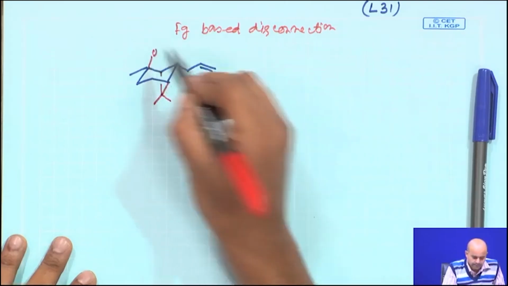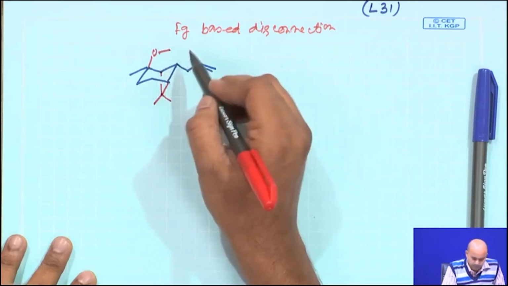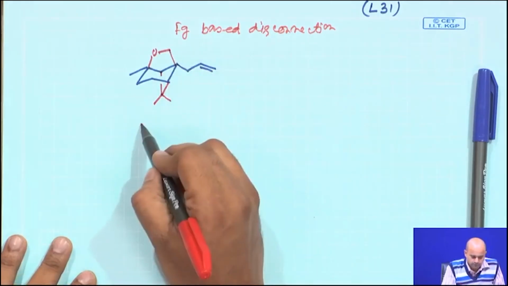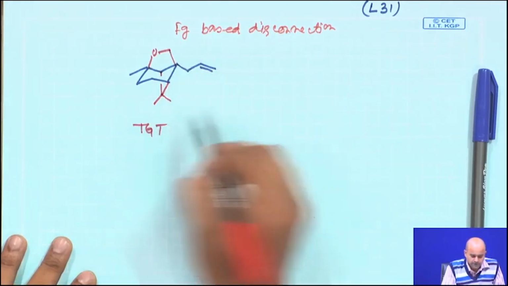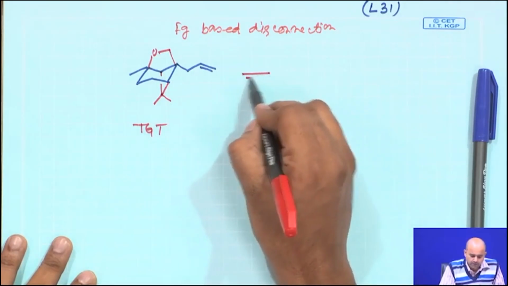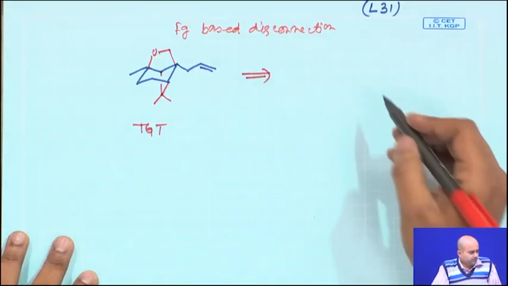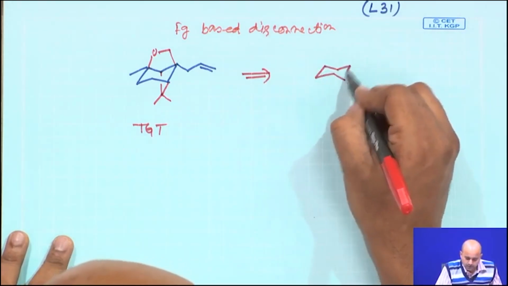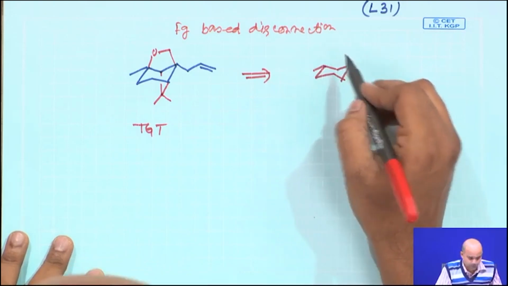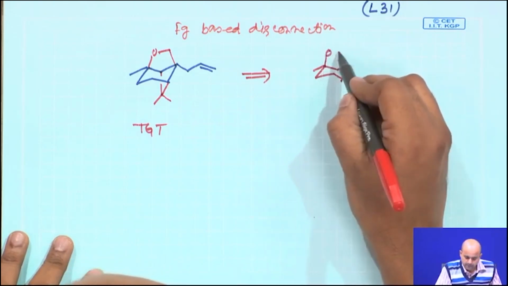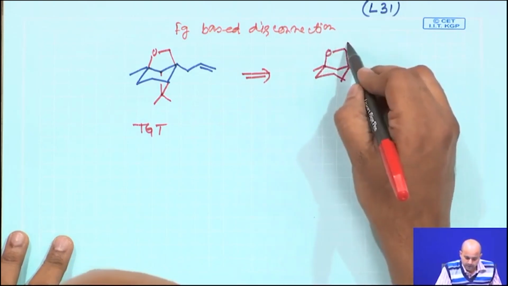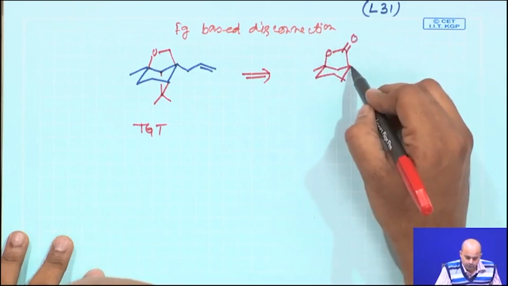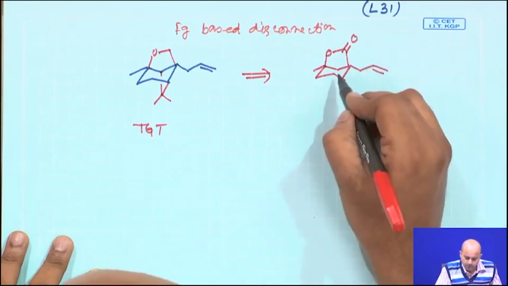The target which was given to you has this structure. But the starting material is also given. The starting material has a cyclohexane based core structure, and this part is a lactone. The remaining part is all similar.